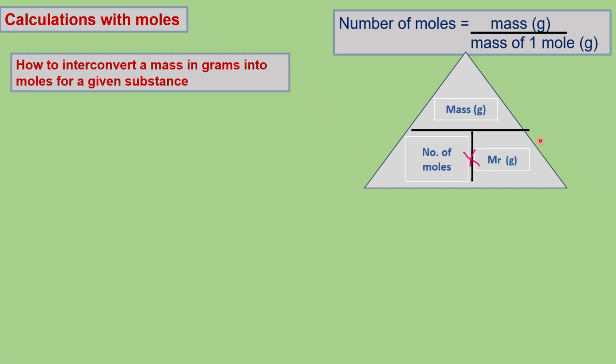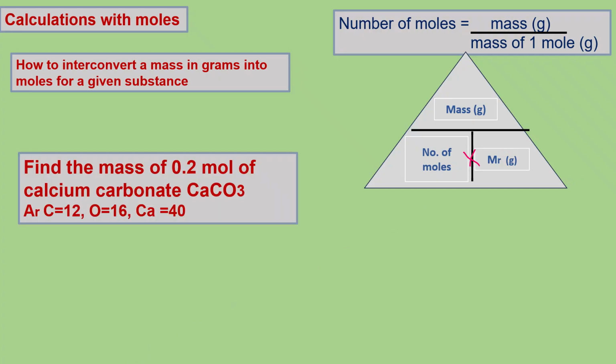The value which you want to get, put your finger on and see what happens to the other two. For the mass, you multiply these together, and for MR, you divide these together, and for the number of moles, you divide the mass by MR. Now let's solve a problem related to this rule.